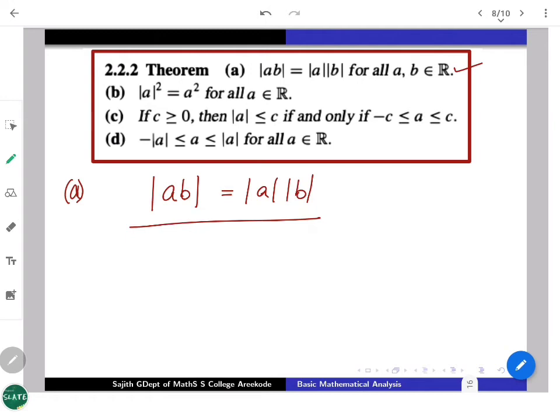For any two real numbers, the modulus function is behaving well with taking product. Modulus of the product is the product of their moduli. That is what it says. So how to prove that? a and b are any real numbers. So once again, trichotomy will work with both a and b. So many cases will come.